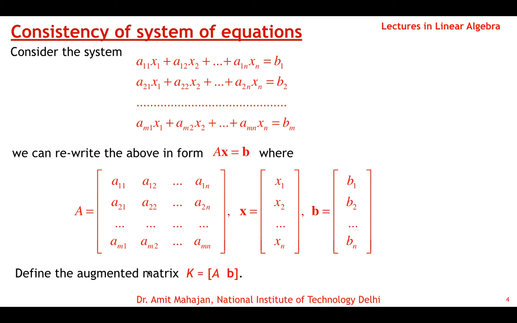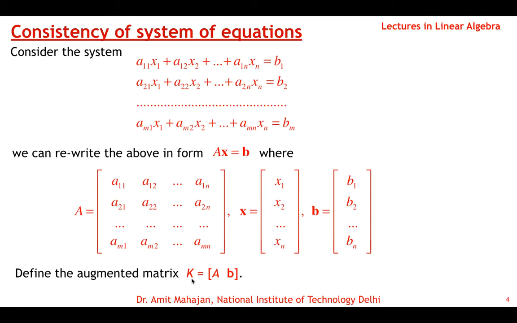So define the augmented matrix K as the matrix A and the matrix B together. There will be m rows, the first n columns will be the coefficients, and the n plus 1 column will be the B column. So this matrix K will be m by n plus 1.